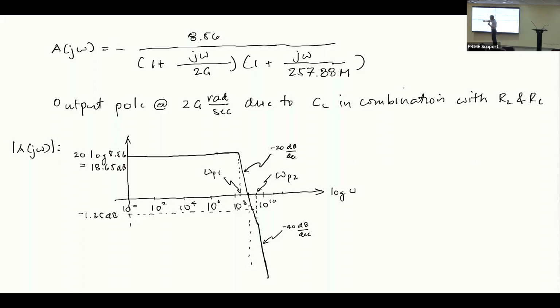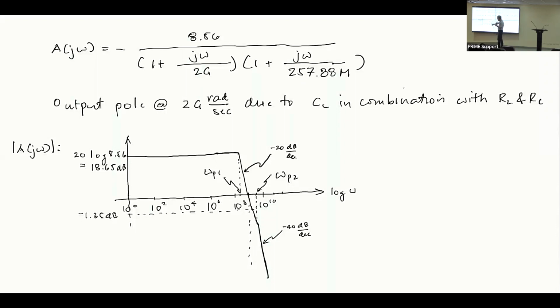Okay. And then this is constant until you hit omega P1. Omega P1. Ano yung omega P1? That's 257.88 megaradians per second.